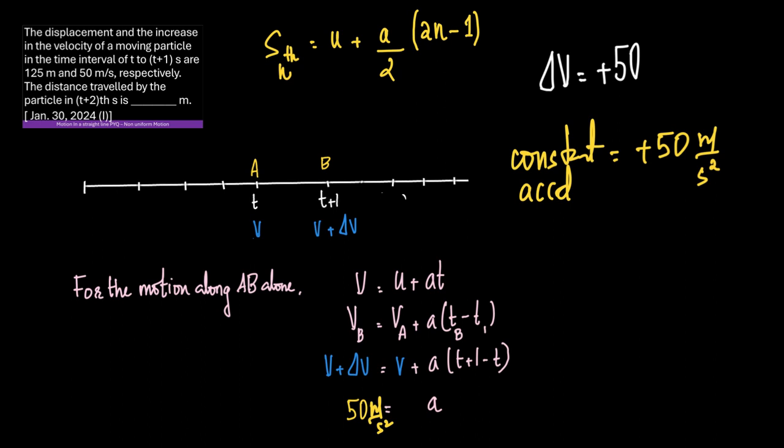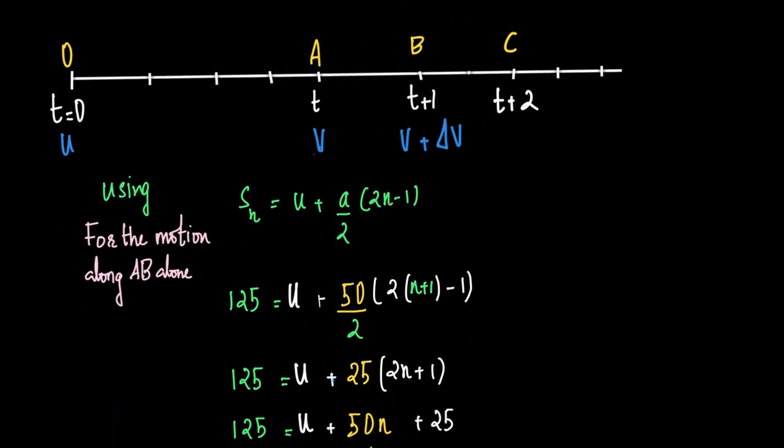I hope this much part of the solution makes sense. If so, let us move on to the second phase. Now here, from the complete portion O to C, we will consider only the motion along AB. My bad, not AB, it should be OB.